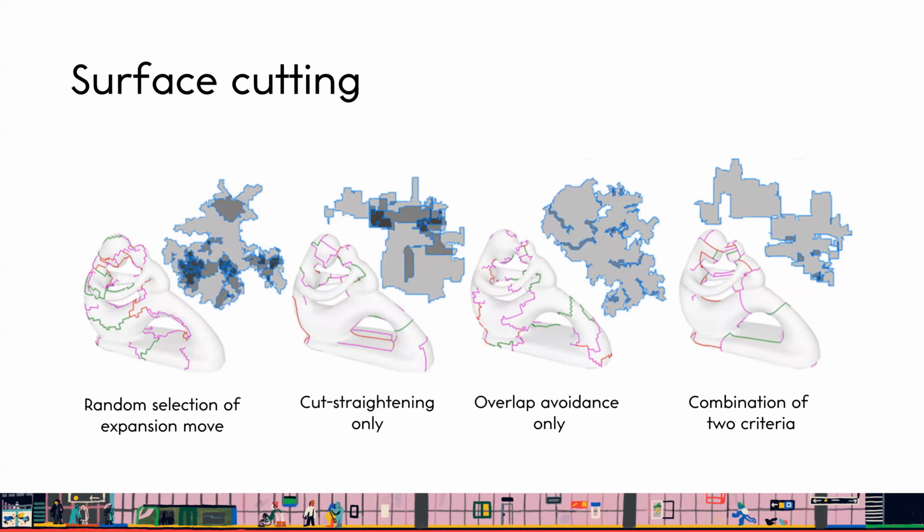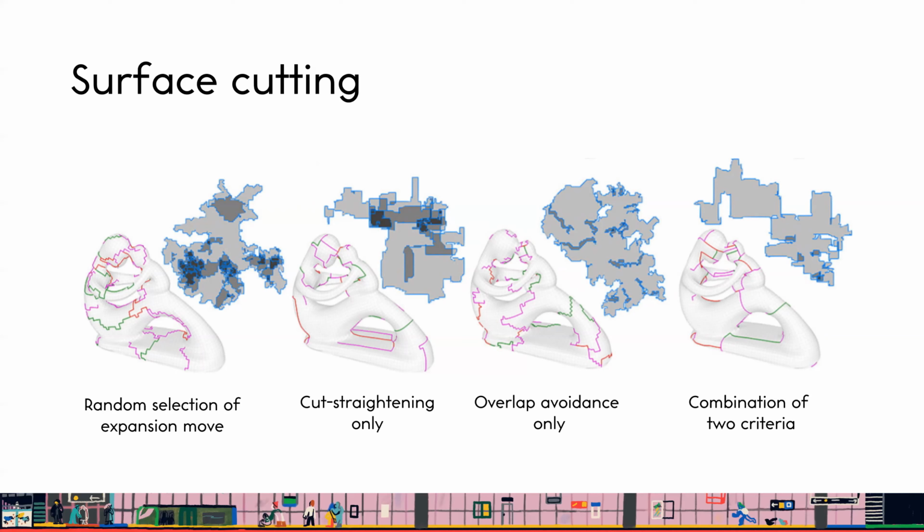And here's the comparison. If we randomly select the expansion move, as mentioned before, the output result has zigzagging boundaries and overlapping in the parametric space. By considering these two conditions we added, our method produces a better cutting result, with more straight edges and fewer overlaps, as shown on the right.